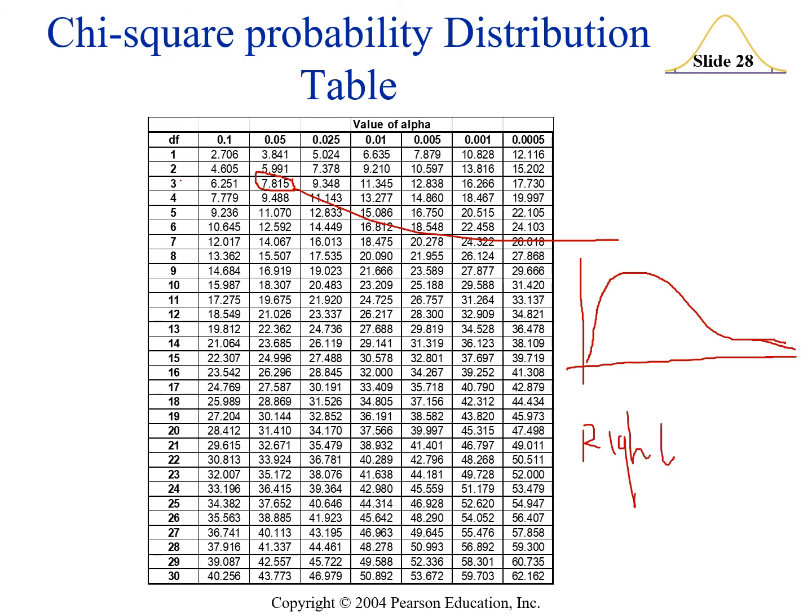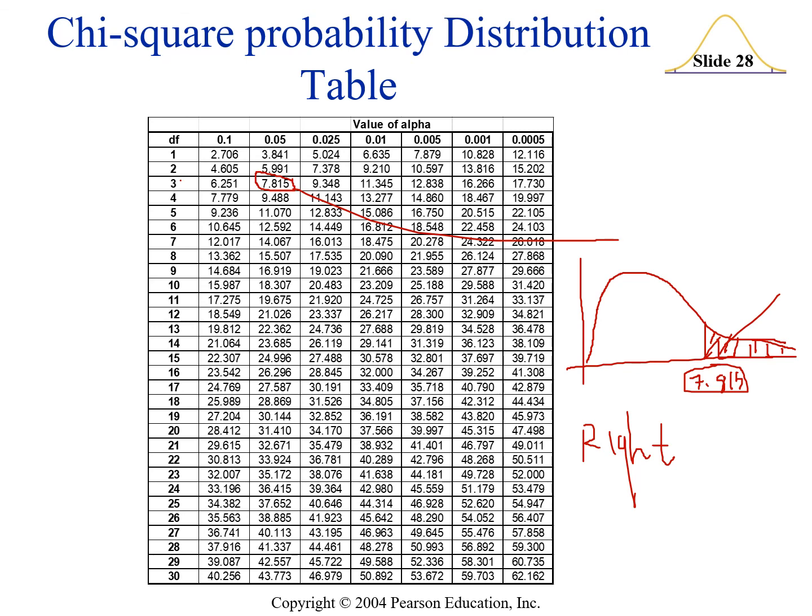So let us now determine the critical region. The critical region is the area to the right that leads to rejection of the null hypothesis. The value here, which is the critical value, is found to be 7.815. So this is the critical region, the area of rejection of the null hypothesis, and this is the non-critical region.